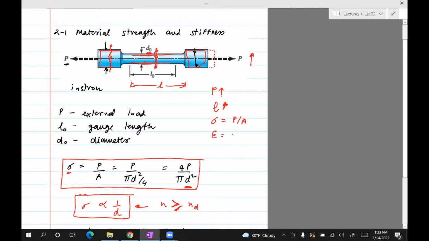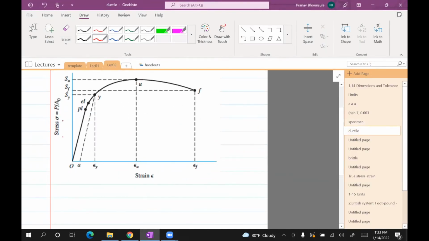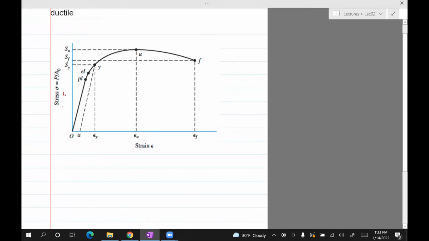The strain, which is L minus L0 divided by L0, will also increase because L is now increasing. And so what we do is we make a plot of the stress versus strain. So this is the stress, this is the strain, L minus L0 divided by L0.